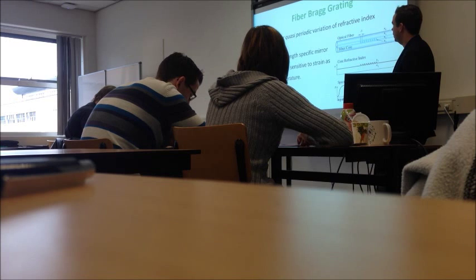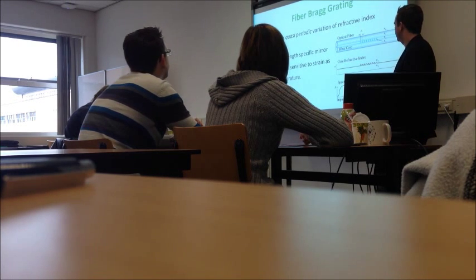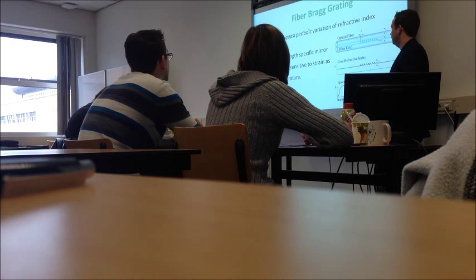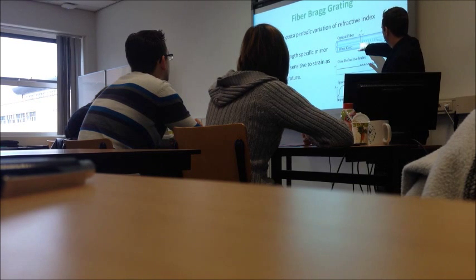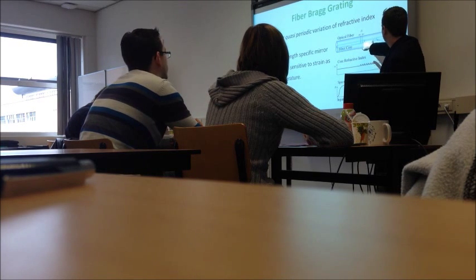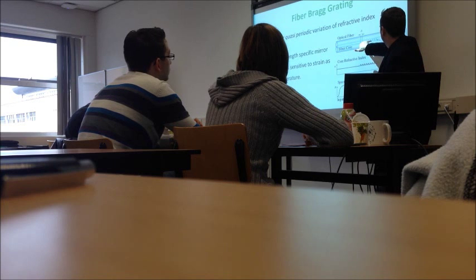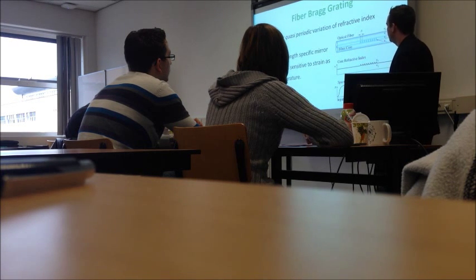What we want to use is a fiber Bragg grating. A fiber Bragg grating is a periodic or quasi-periodic variation of refractive index in the core of a fiber. As you can see here, you see the gratings, which have a different refractive index from the regular core.